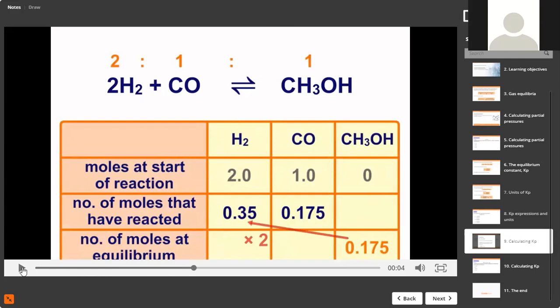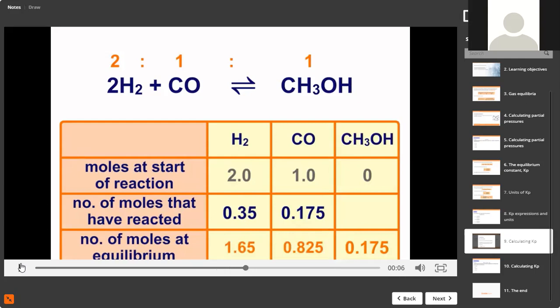Then, using this, we can work out our number of moles at equilibrium. We had 2 moles to start off with, and 0.35 moles have reacted, so 2 minus 0.35 gives us 1.65.